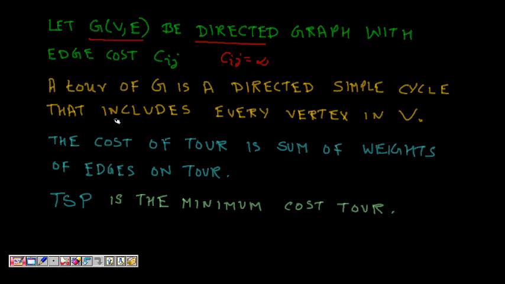A tour of the graph is a directed simple cycle that includes every vertex in V. So it includes all the vertices exactly once, and it is a simple cycle, and the cost of the tour is the sum of the weights of the edges of that tour, and TSP is the minimum cost tour. So this is the idea of how to solve it.